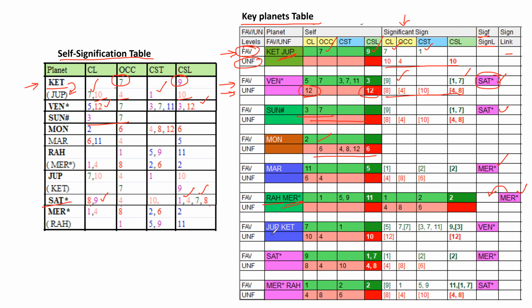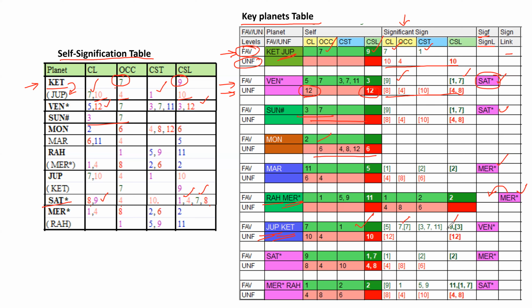Here, one more thing I have to say. When we are talking about the Jupiter planet, significations are shown under the self. And the second planet Ketu, Ketu's houses are shown here without bracket. Seventh house, occupying seventh house, ninth sublord.